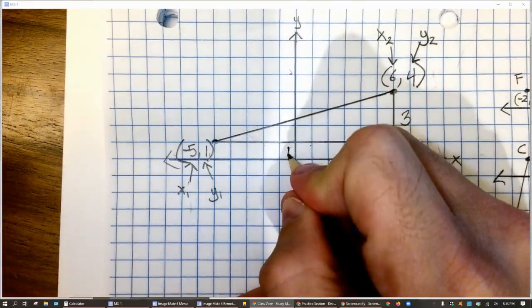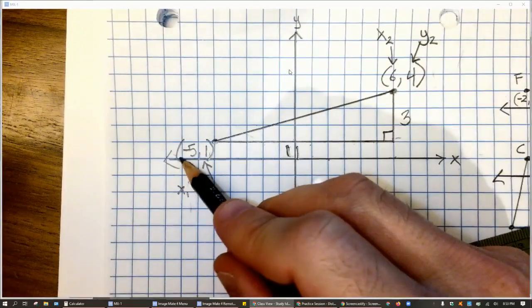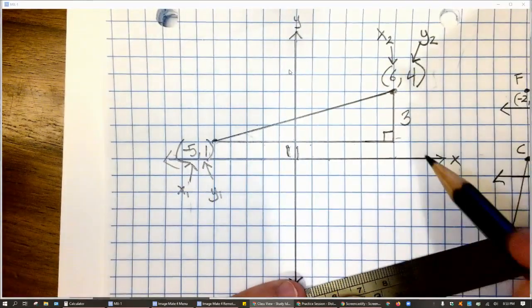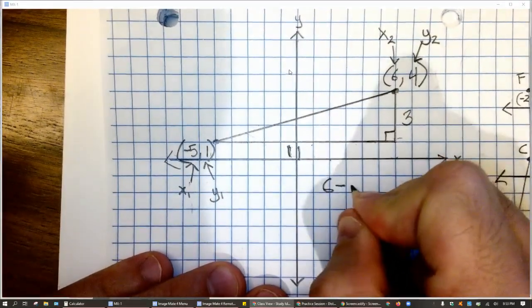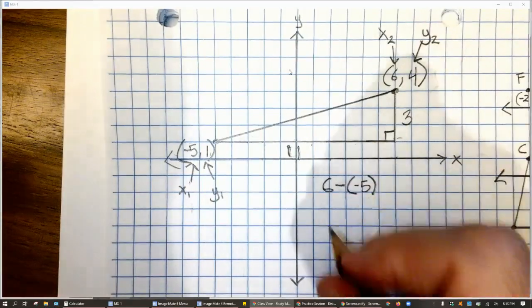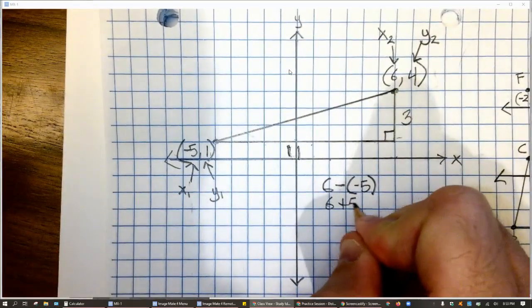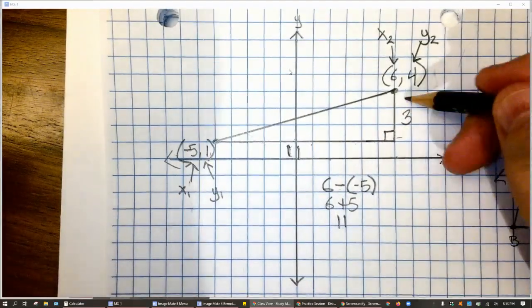So that's 11. Aha. Well, how far apart are 6 and -5? They're 11 apart. And again, that's a subtraction problem. If I do 6 minus -5, when you subtract a negative number, you add, don't you? So I get 6 plus 5, and 6 plus 5 is 11. So horizontally, they're 11 apart, and vertically, they're 3 apart.